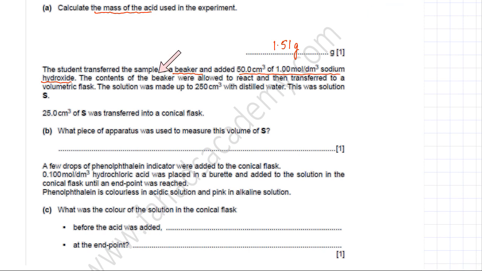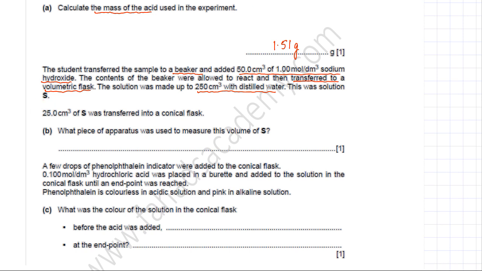The contents of the beaker were allowed to react and then transferred to a volumetric flask, and the solution was made up to 250 cm³ with distilled water.